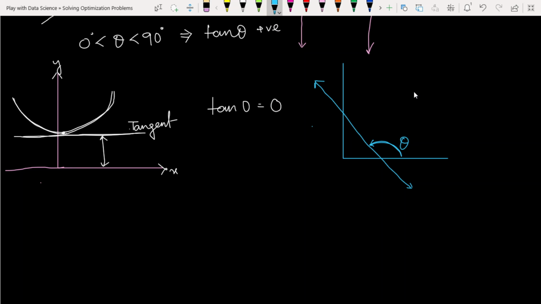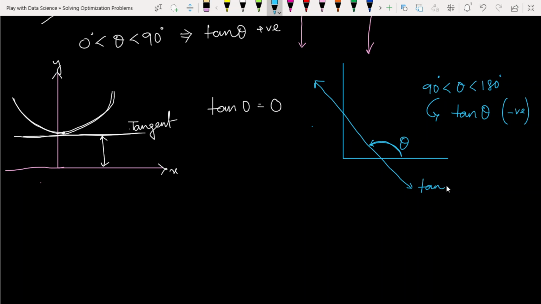Now tan theta will be what? If our theta is greater than 90 and less than 180, then our tan theta will be negative. Just see this picture. Then tan theta will be negative.